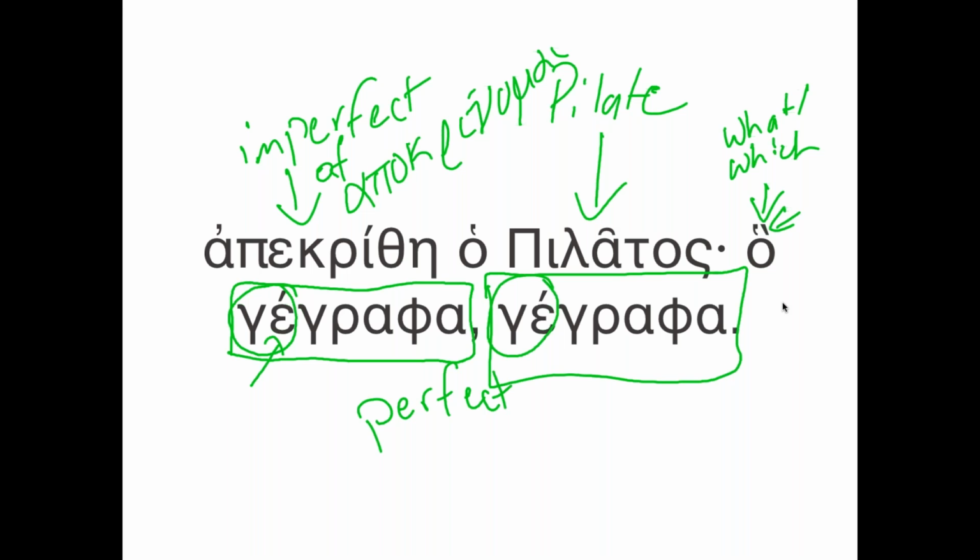Now, I mentioned this last time we were together. What is the significance of the perfect tense? So it's a past action with present implications. In this particular case, is the present implication when Pilate is talking, or is the present implication when we as the reader revisit it?